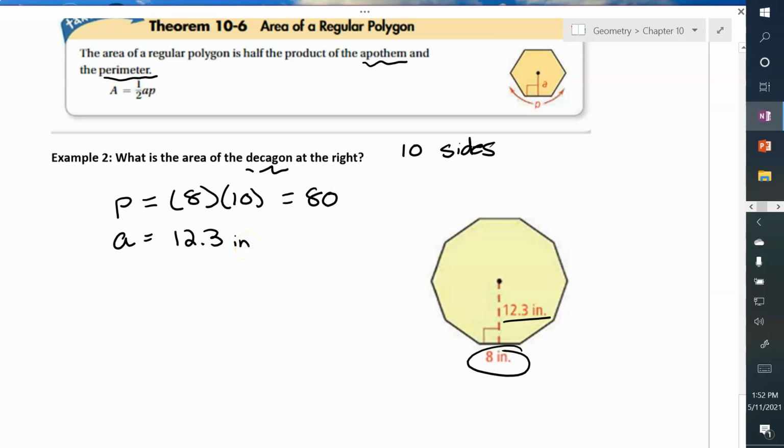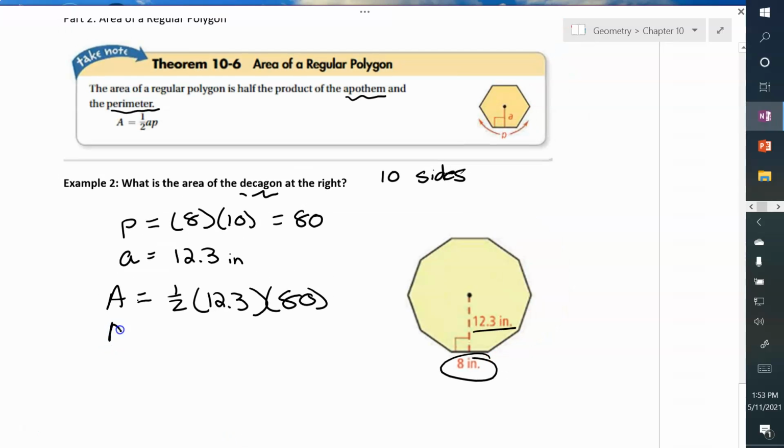So therefore, the area of this decagon is going to be 1/2 the apothem times the perimeter, which is 80. So when you punch that in your calculator, 0.5 times 12.3 times 80, I get 492. And our units are inches, so this is going to be inches squared.